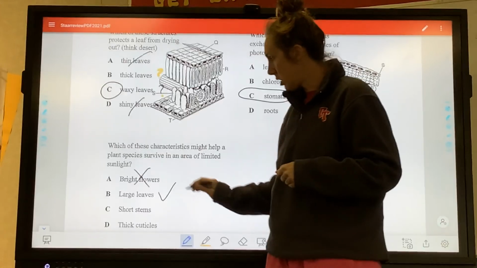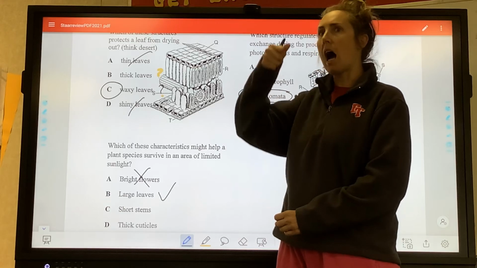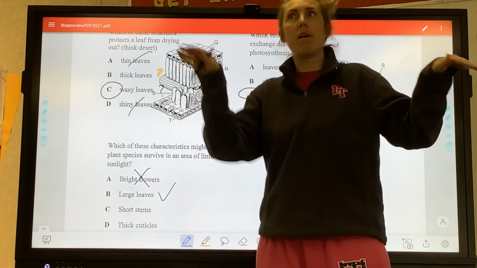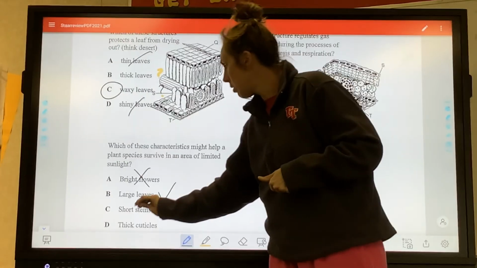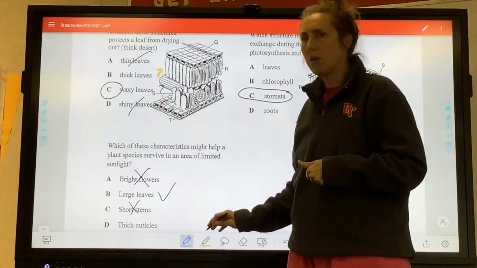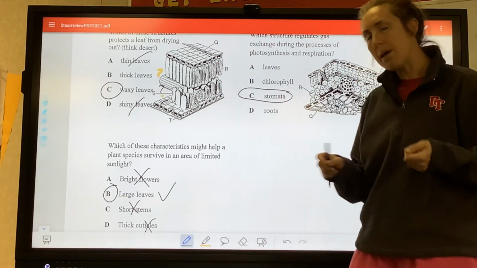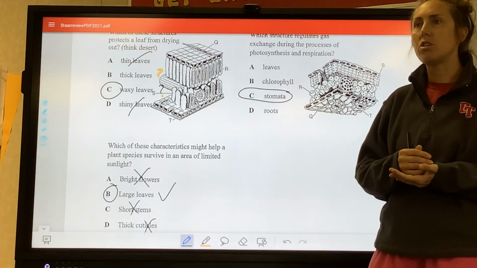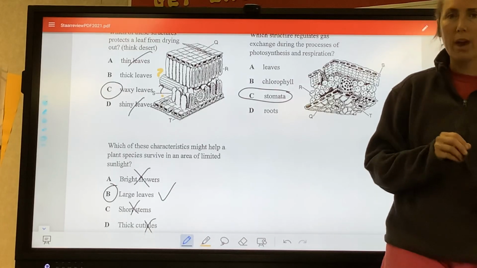You do want large leaves. You almost want a longer stem, right? Higher. You want to grow up above other plants so that you can get that light over them. So you probably want a long stem. Thick cuticles, I don't think that matters. So larger leaves, that's definitely an adaptation for a plant to survive and outcompete other plants. Okay, all done.